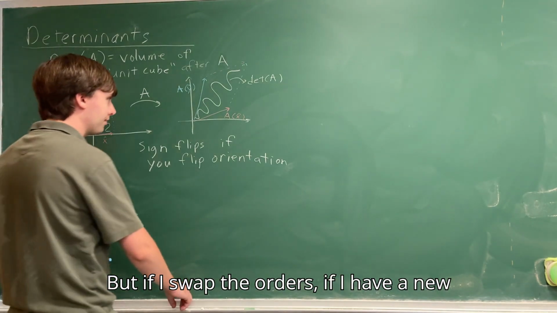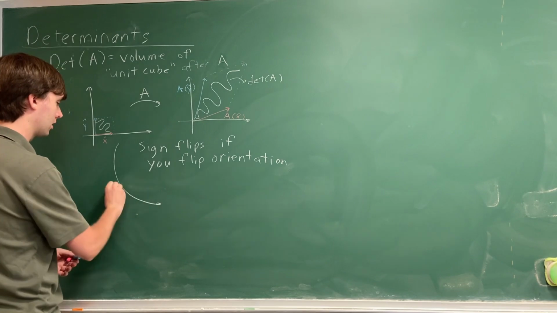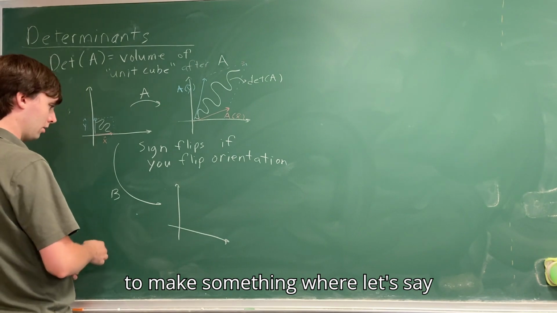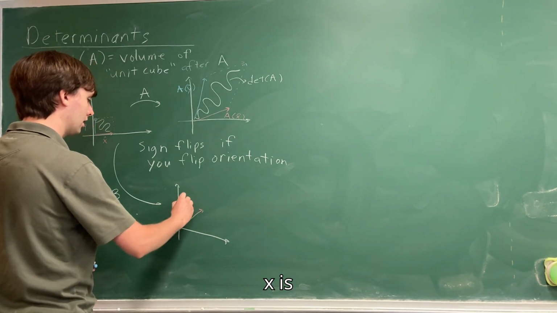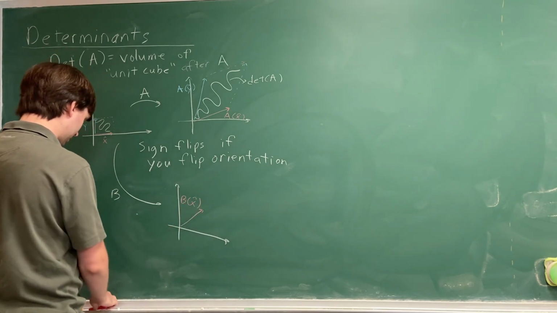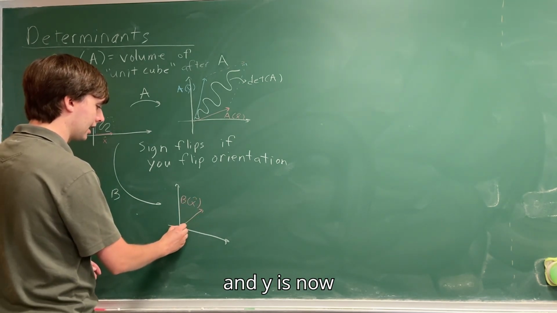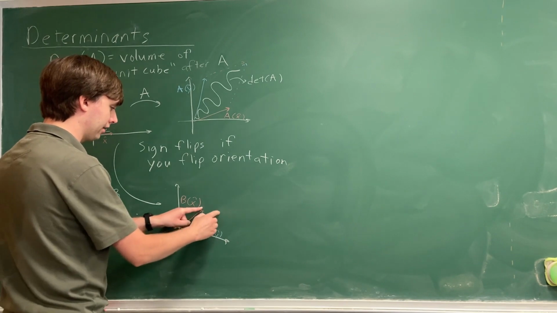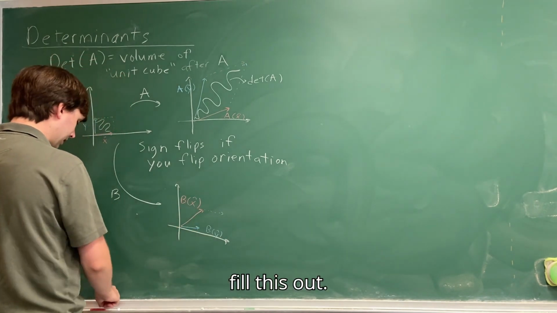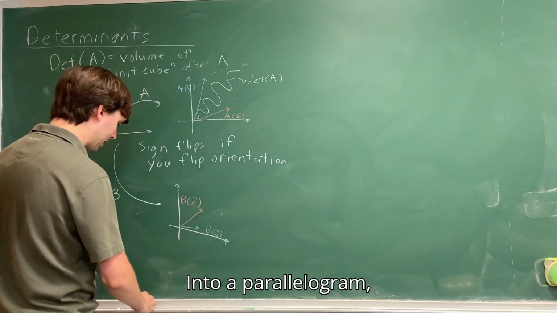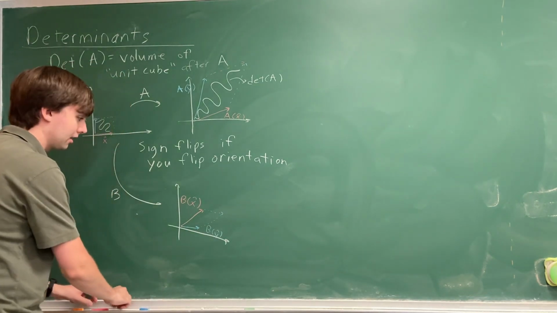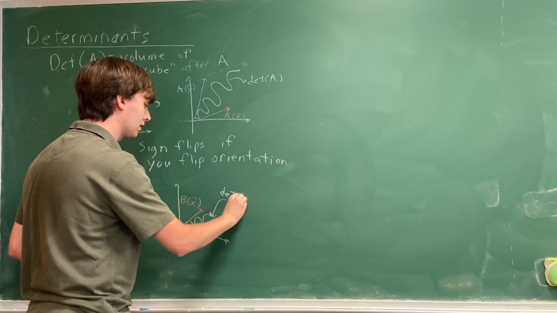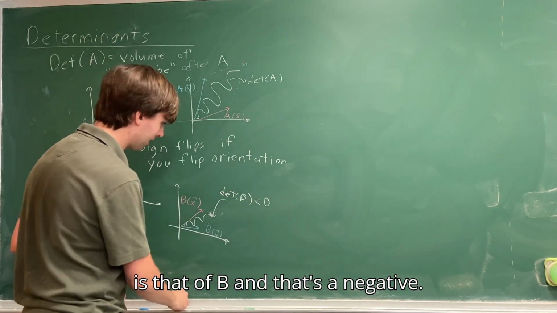But if I swap the orders, if I have a new transformation called B, and B is going to make something where, let's say, x is now over here, and y is now right there, I can, again, fill this out into a parallelogram. I take the volume, and that volume inside is det of B, and that's a negative.